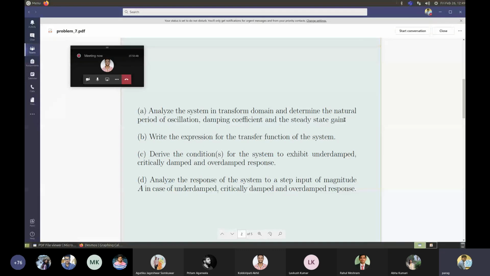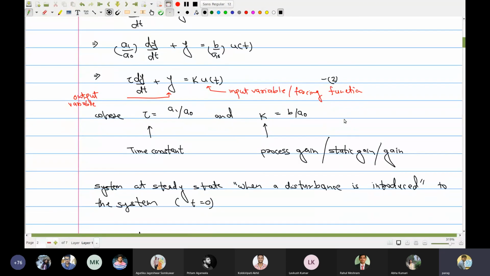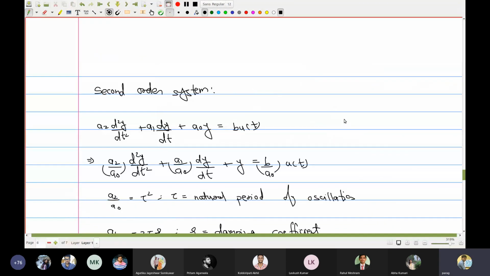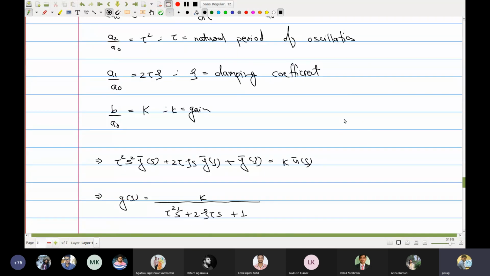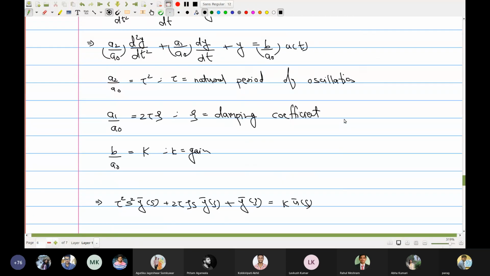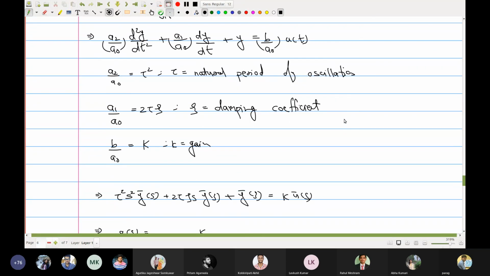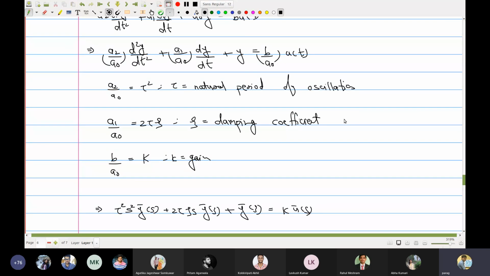Again, change this equation to this form which I wrote here, this standard form. Yes, this one, this standard form, tau squared d2y by dt squared plus 2 tau zeta dy by dt plus y equals K of u of t.